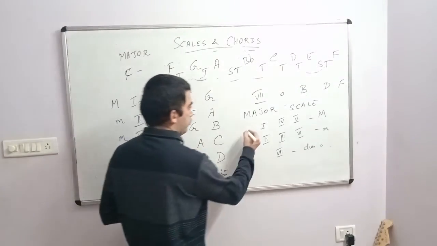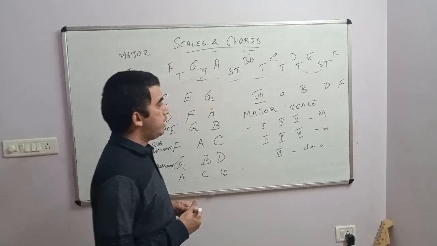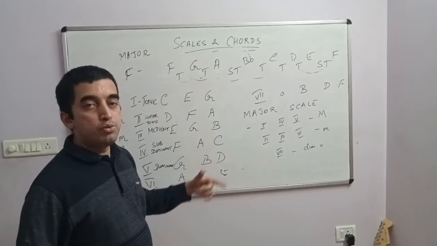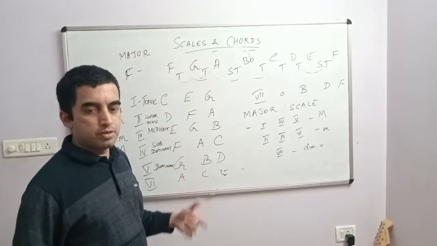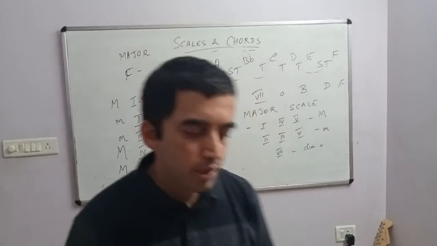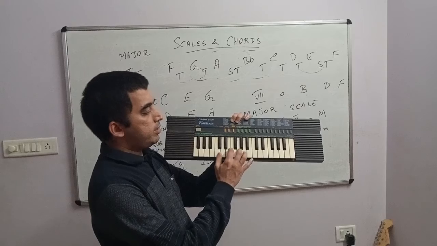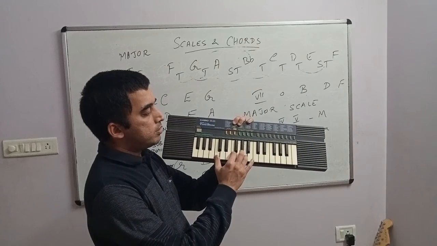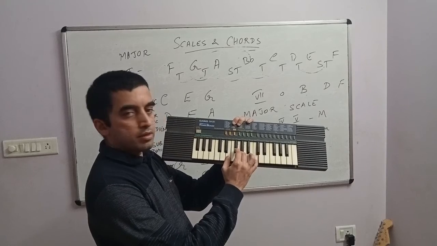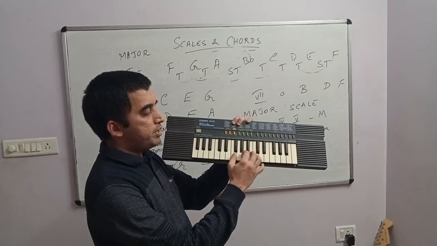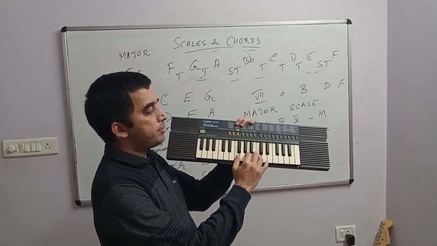So if you remember 1, 4, 5 as major, that is the recurring, commonly used chords for any major scale. Okay, so if you hear some songs which are in the major scale, it will be like C major, right? Same way F major scale, what we just described.